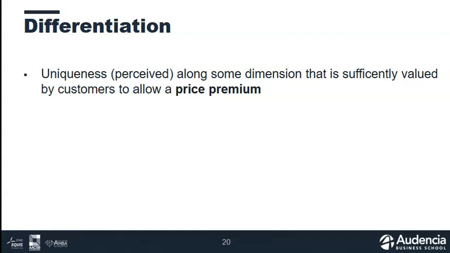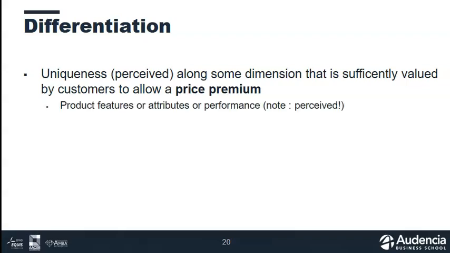Perceived uniqueness allows us to charge a price premium, and customers will pay more because they have perceived benefits from buying something. So remember that this is all perceived. The features, the attributes, the performance of the product all depend if the consumer thinks they're different.